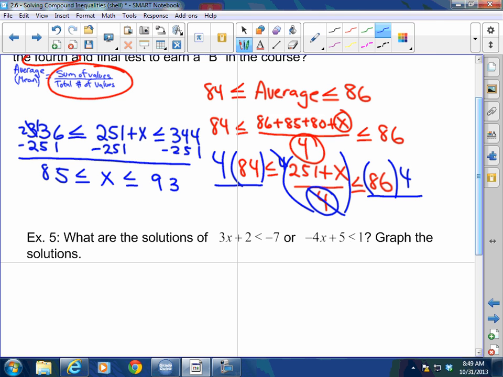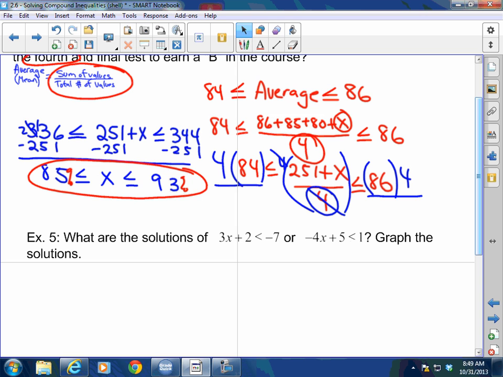So I have to get between an 85% and a 93% to have an average between 84 and 86. This is real life, guys. You guys tell me all the time, oh, what happens if I get this on a test? Figure it out. It's an average. Does this make sense, my friends?